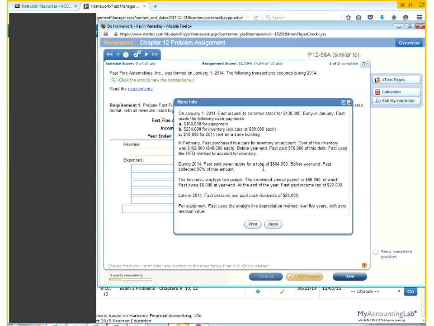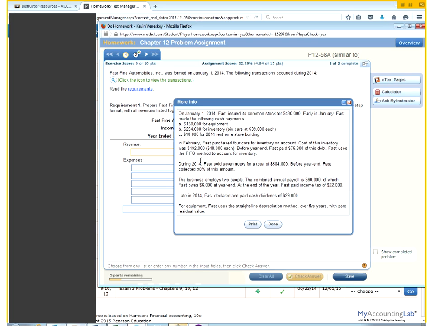So I'm going to have a T account page. I know it's kind of hard to see, but I got my assets plus my liabilities plus my owner's equity minus my expenses plus revenues. And each one of these I'm going to go through and actually do the journal entry for it. That's the only way I'm going to be able to get what my total revenues are, my total expenses, and then doing the balance sheet as well.